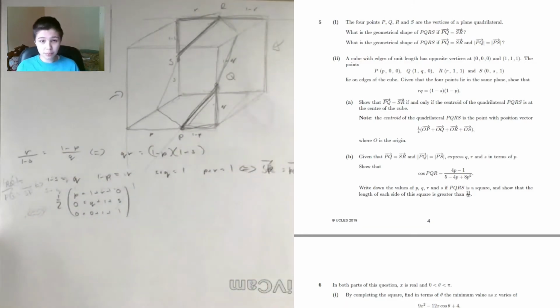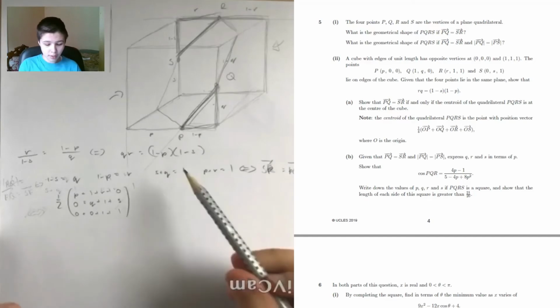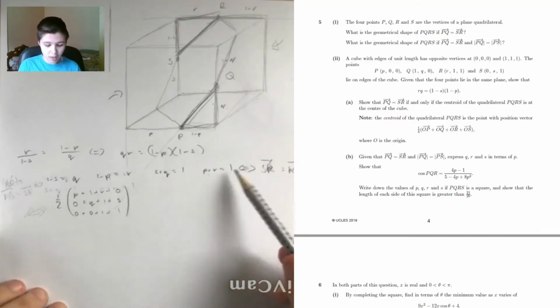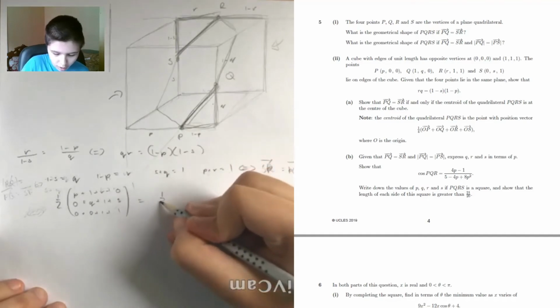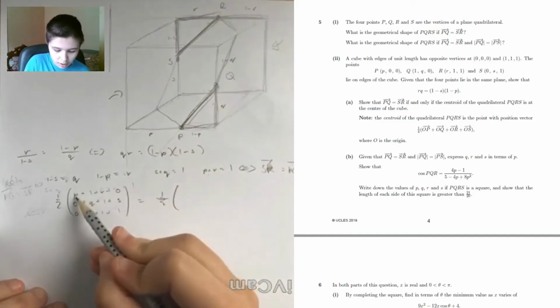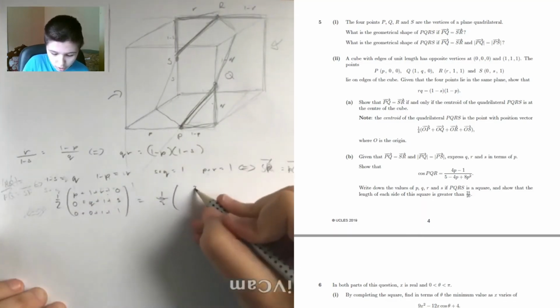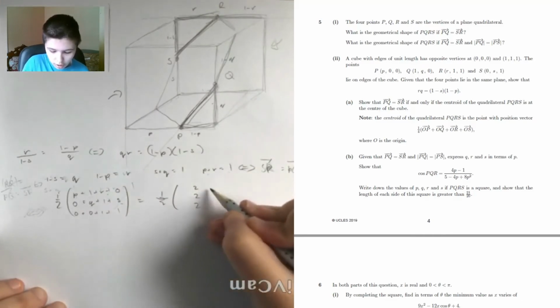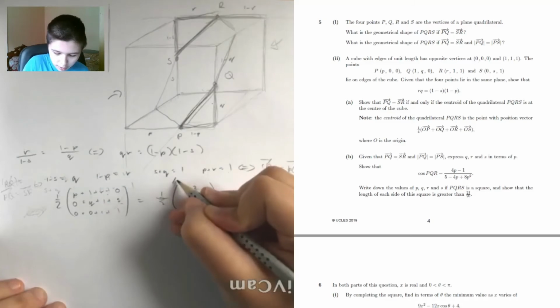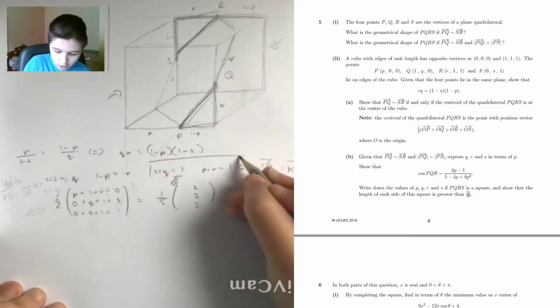And here we see that if and only if S plus Q equals 1 and P plus R equals 1, this is equal to a half times P plus R, 1 plus 1, 2, Q plus S plus 1, 2, and 2.